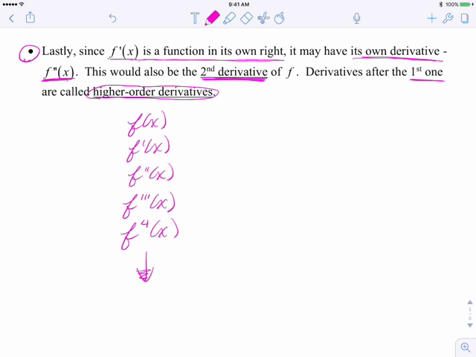So each tick mark represents how far from the original function you are derivative-wise, but each derivative can be interpreted as the first derivative of the function that it came from. As we move through the rest of the course, we're going to see uses for higher order derivatives, namely the second one, and we'll see that in chapter 4.